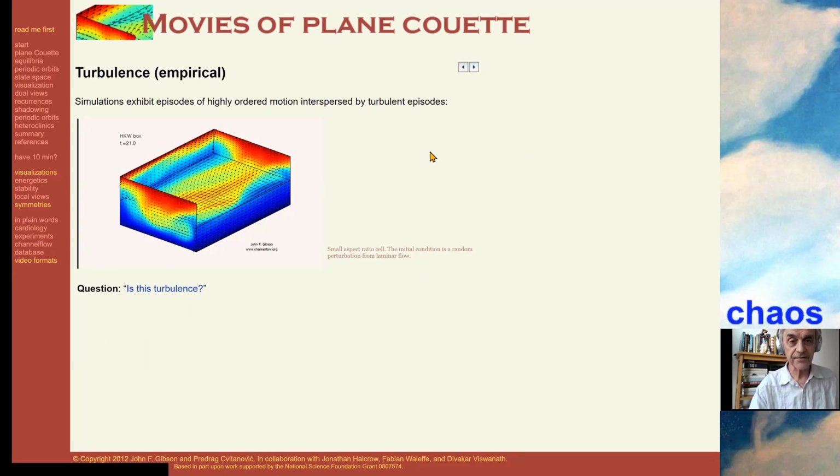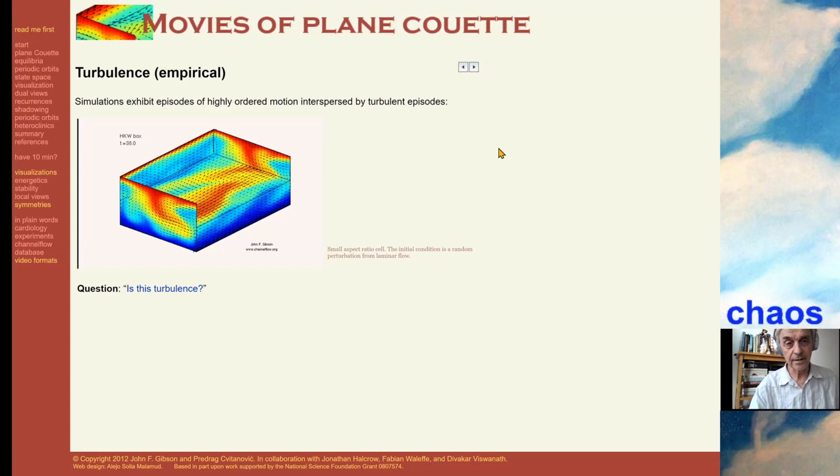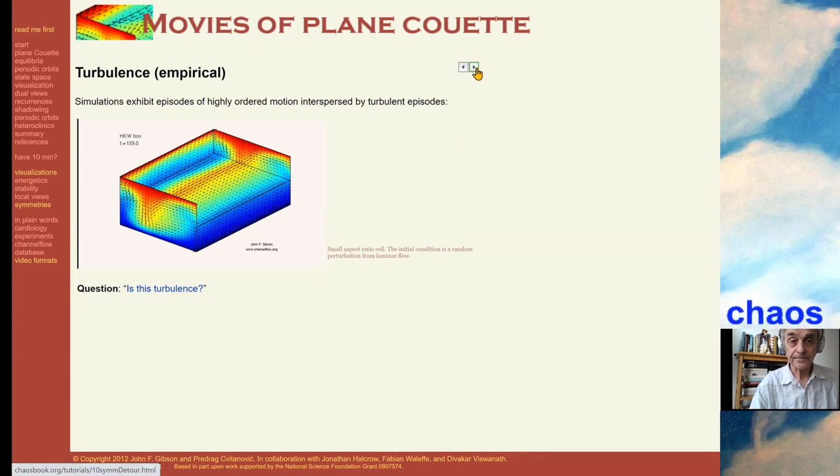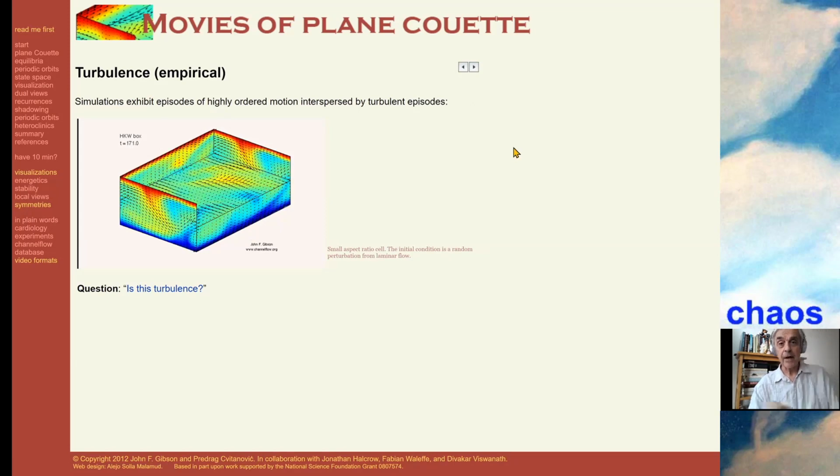And this is a typical simulation, which tells you that it's turbulent in the sense that I can run this until cows come home and I'll never see the same thing again. So we are supposed to describe that. Now it's a dynamical system because we have equations of motion, they're deterministic.